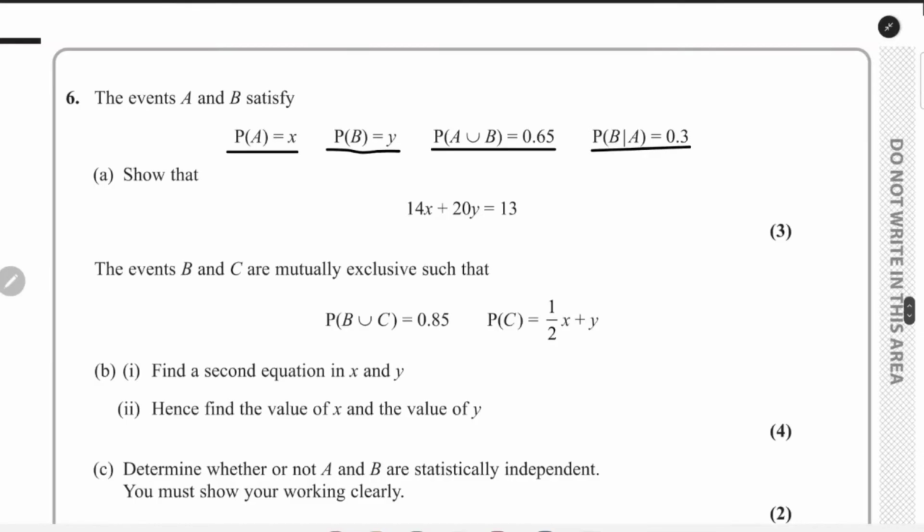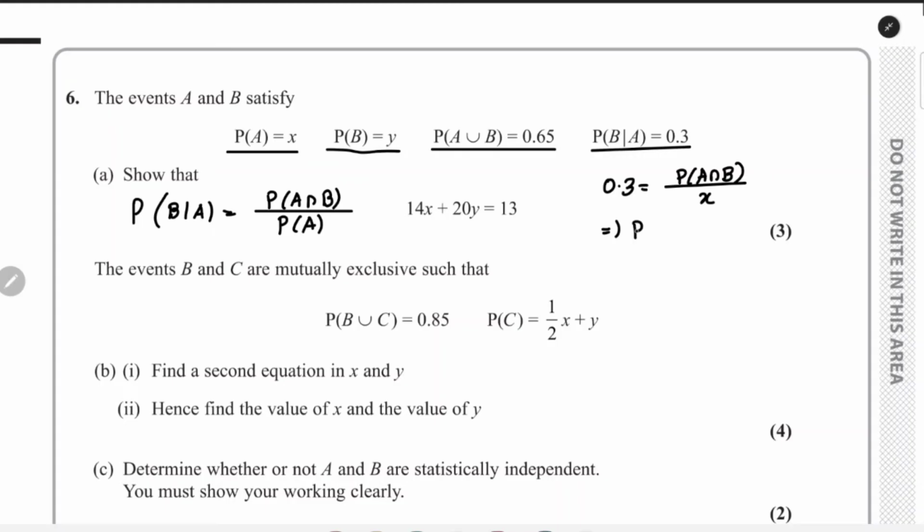So we are given probability of B given A. This would be probability of A intersection B divided by probability of A. So 0.3 equals, we don't know probability of A intersection B, and probability of A is x. So probability of A intersection B will be 0.3x.